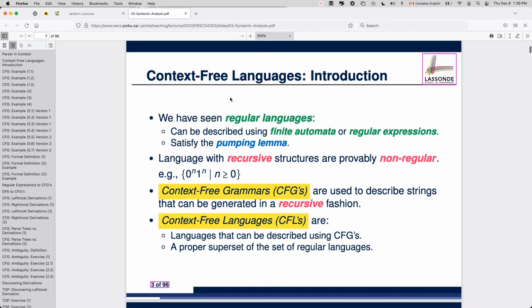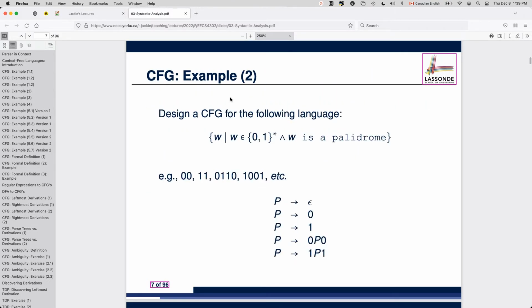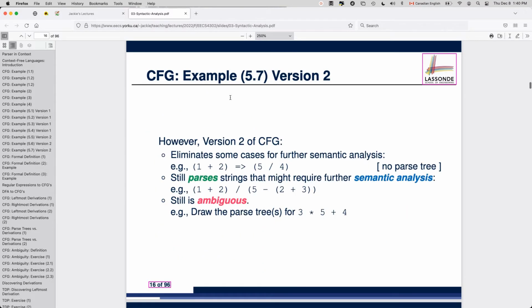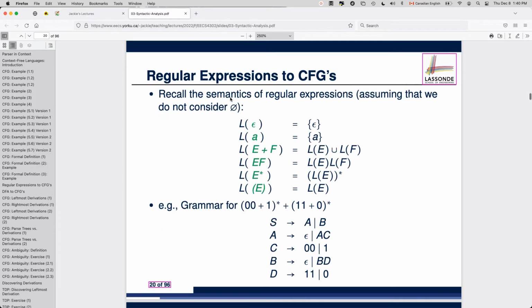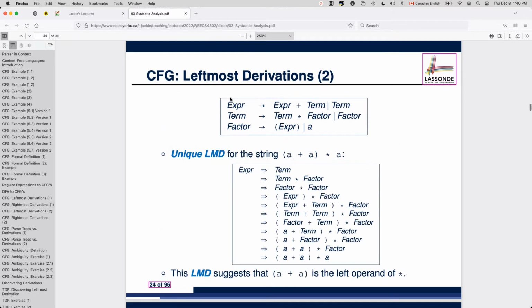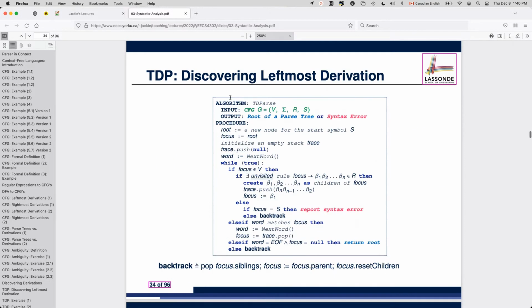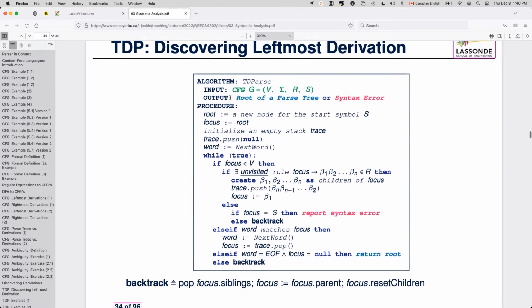The first algorithm should be top-down parsing, I believe. For that one, I can also give it to you.